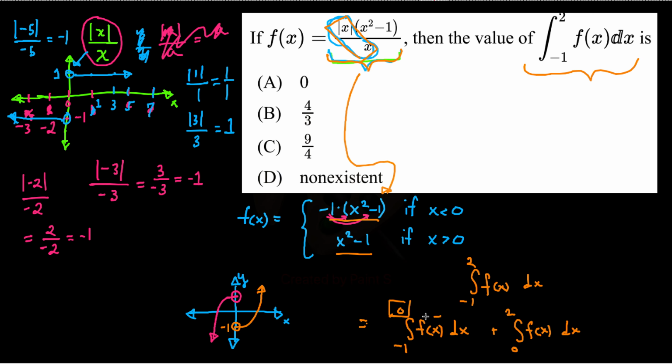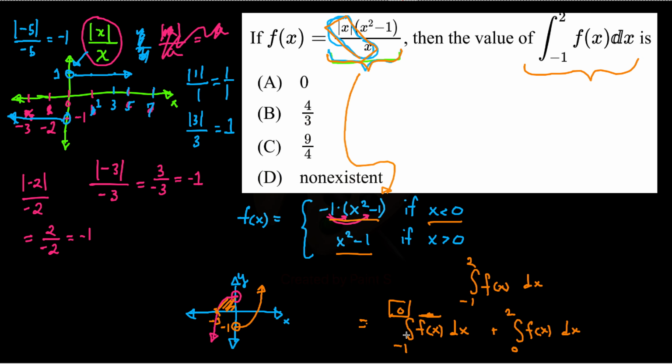I'm going to use this piece because the x values are less than 0 in the bounds of my integral. I'm going to be integrating from -1. -1 is right here; -1 is a solution to that, since -1 squared minus 1 is 0. So from -1 right here to 0 along this one, I'll be integrating that area.